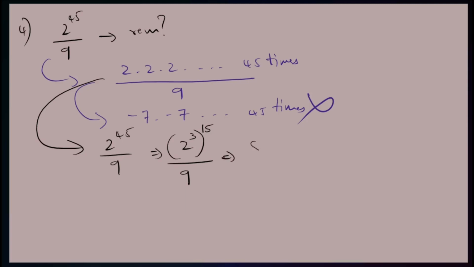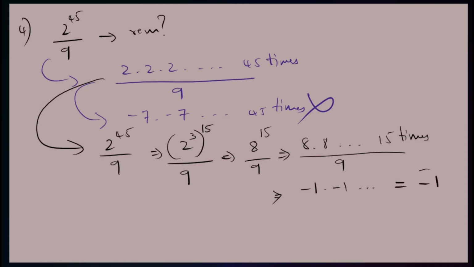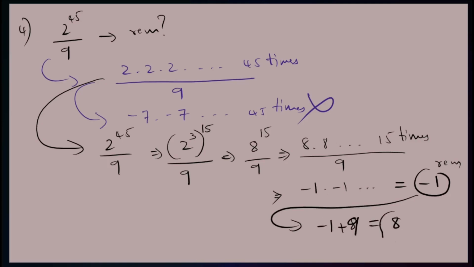Now I get 8 power 15 by 9, which will give me 8 into 8, 15 times by 9. Let me convert to negative remainder. So this is minus 1, 15 times, which will finally give me minus 1 as my remainder. But this has to be converted to a positive remainder, which will be minus 1 plus 9, so your final remainder is 8.